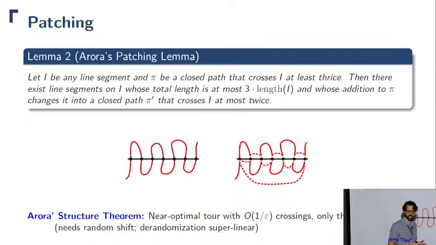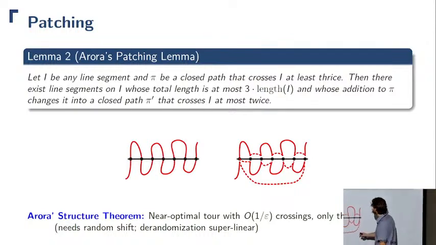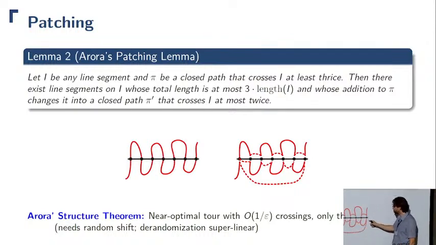What we want to achieve is that overall we have only a small number of crossings. We have a certain number of portals, and even though there might be many portals, we do not want to have more than a constant number of crossings between two cells. And that we can actually do. We can pay something extra in order to reduce the number of crossings.